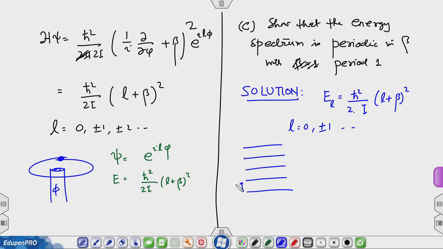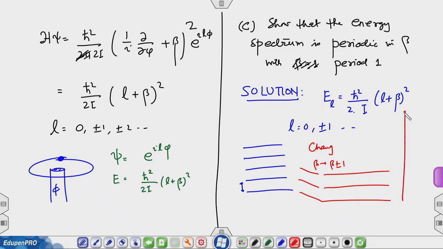This gap is constant. Now, if I change beta to beta plus or minus 1, all that is going to happen is it is going to shift by 1. But this entire spectrum remains unchanged.